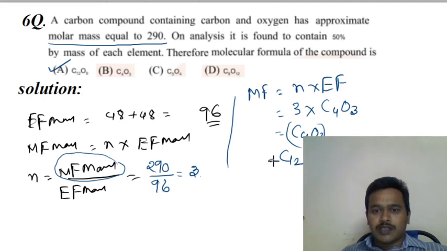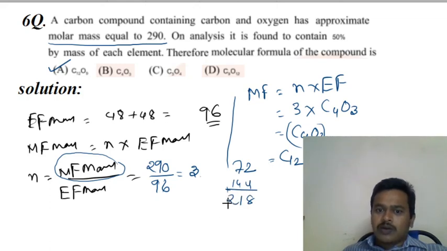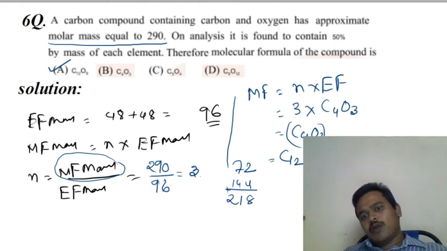You can also check this. 12 carbons are there, 12 sixes are 72. 9 oxygens are there, 9 sixteens are 144. So almost 216 is coming. So C12O9 is our option.